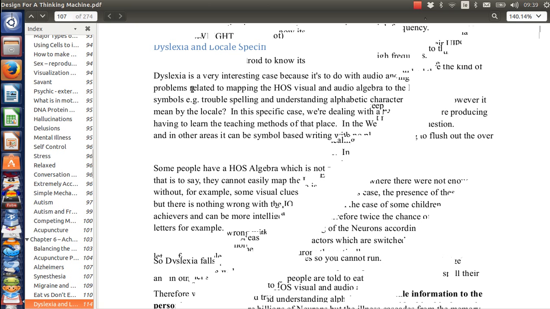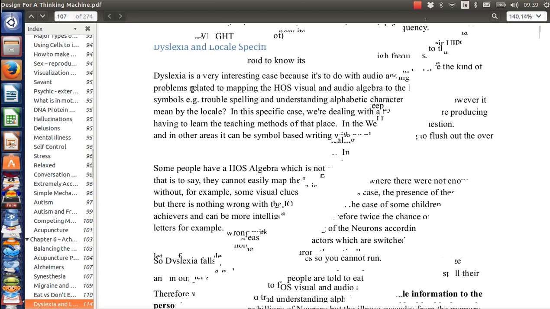Maybe you don't get the lettering system or the numbering system or the documentation type systems that are around, but your underlying HOSL is spot on. So, like I said, you have some people in there, like the richest people in the world, and you talk to them and they say, "Yeah, I've got dyslexia," and you're like, "Really?"